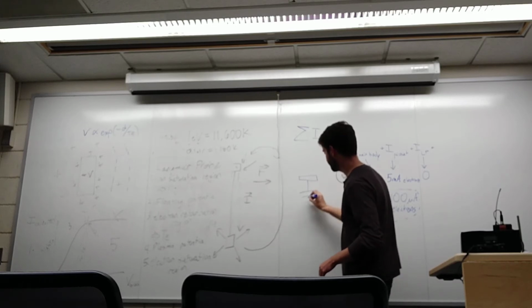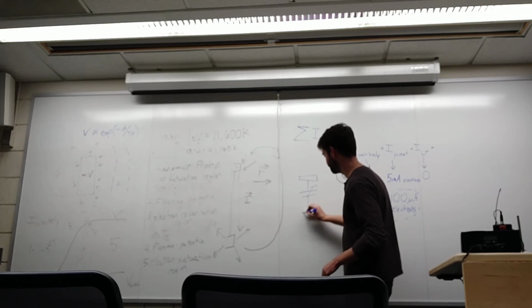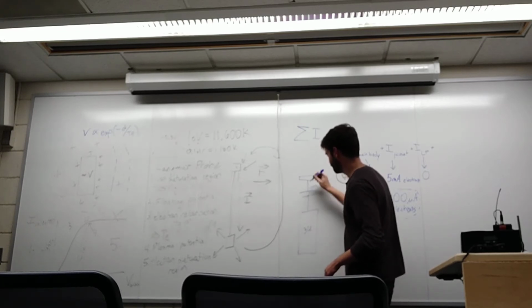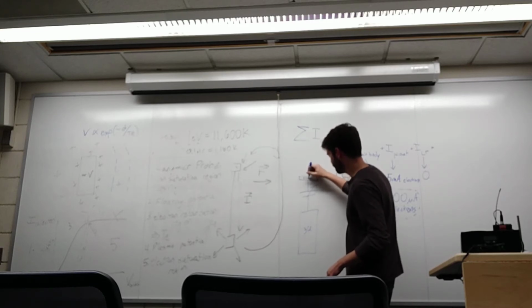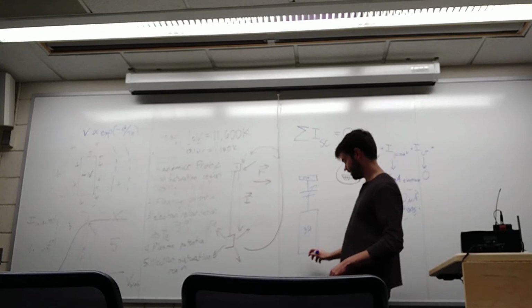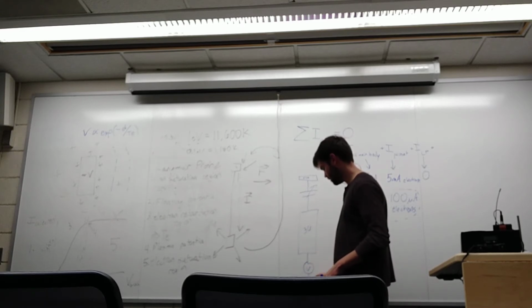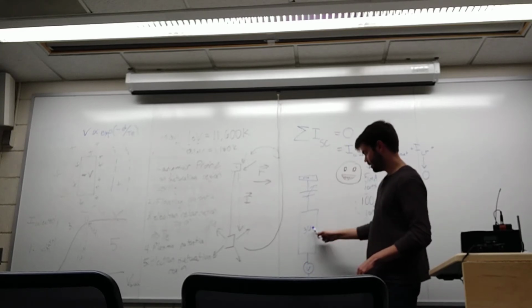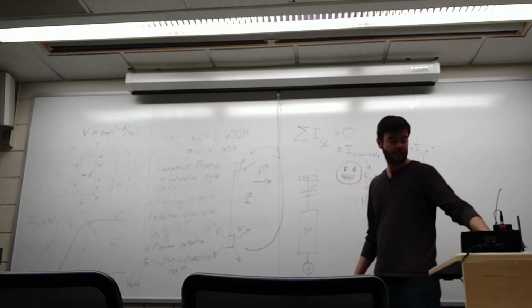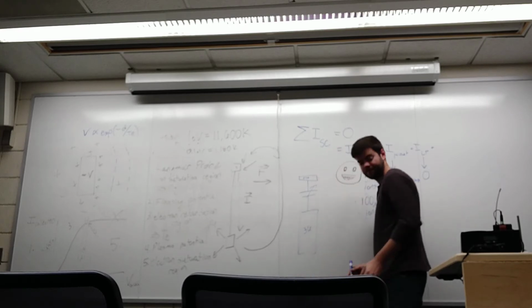You're biasing it positive with respect to your 3U. And then there's some sort of potential difference between the 3U and the plasma. So, how do I draw that up here?